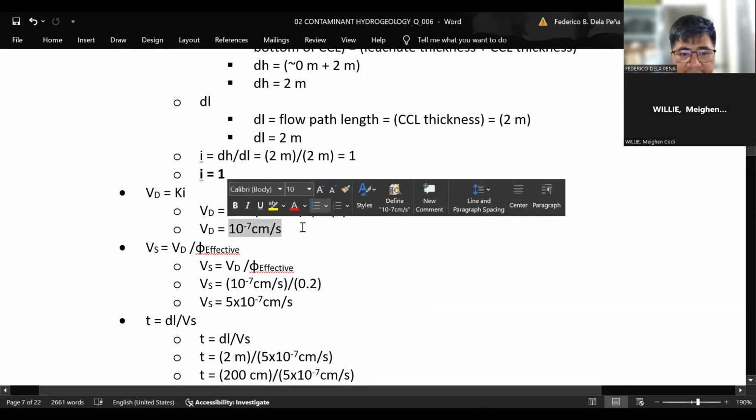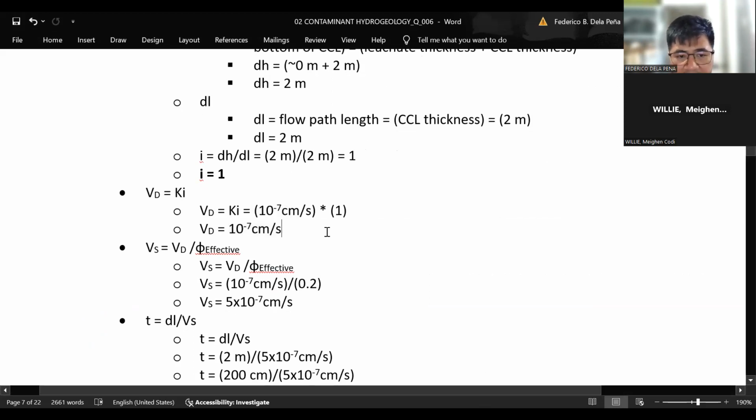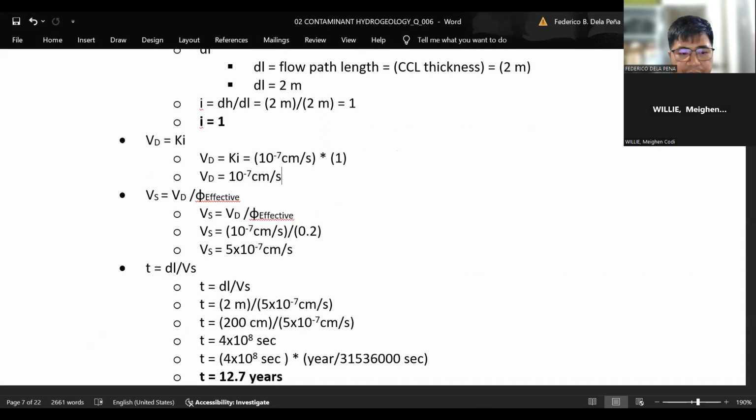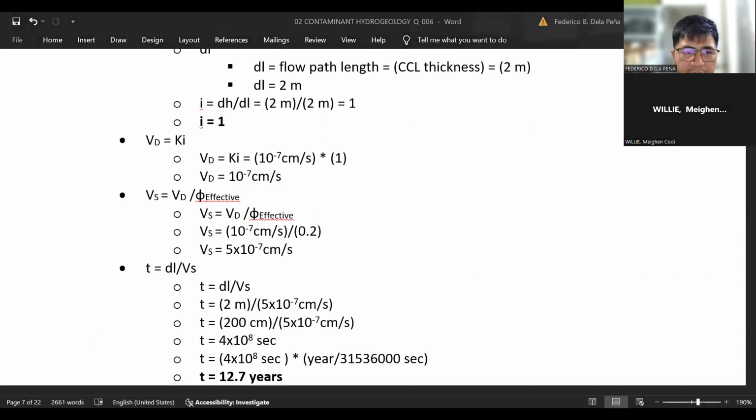And that is still a very, very slow movement. So that's around 10 million seconds.